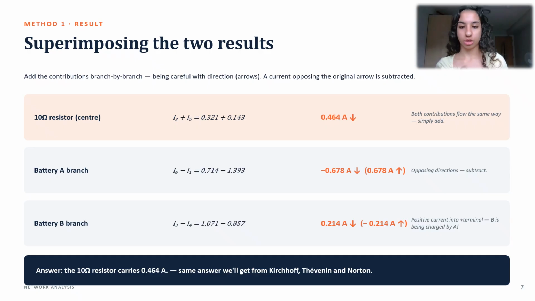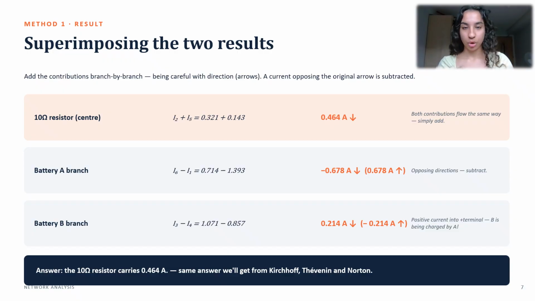Then battery B branch, you have I3 and I4 opposing each other. Again, it doesn't matter which one you subtract from which, as long as you know which one is upwards, which one is downwards, and you see which one has the higher value. 1.071 minus 0.857, you get 0.214 downwards. That means we now know how much the 10 ohm resistor carries, 0.464 amps.